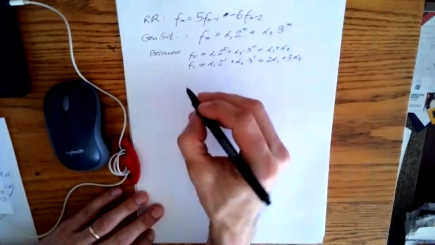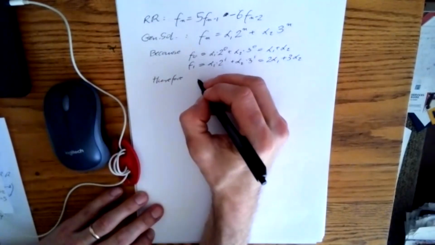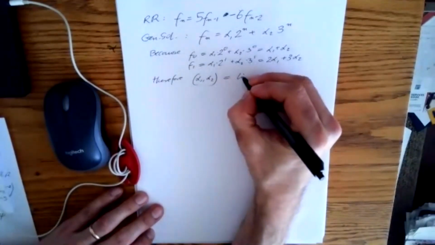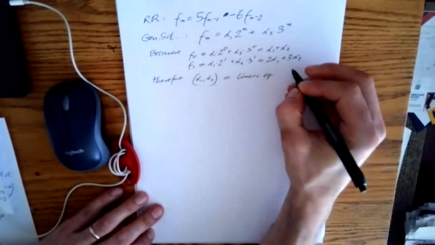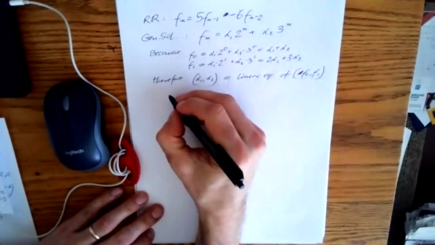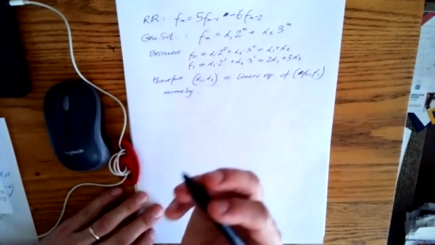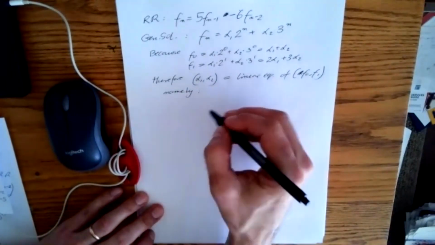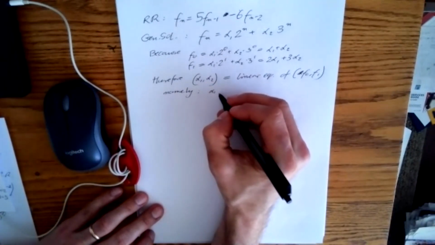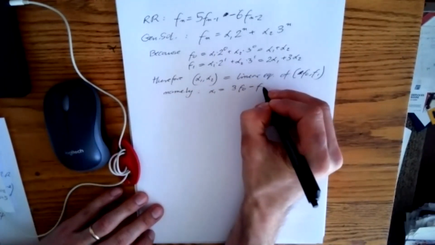So this is a linear equation. Therefore, alpha 1, alpha 2 are a linear function of F0, F1. Namely, and I will not rederive this, you have to look back at the previous page or just do the matrix inversion. Alpha 1 is 3F0 minus F1.